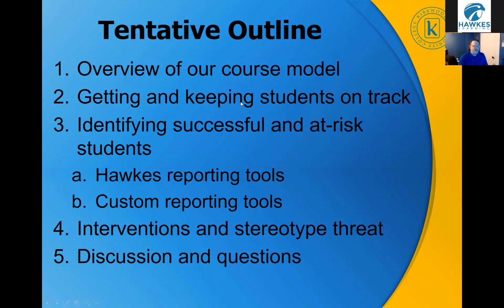Strategies for identifying successful and at-risk students, including Hawks reporting tools and then some custom things that we do. I want to talk about interventions and how we work with students who seem to be struggling or at risk. Some issues I've been thinking about and how to approach that. And then allow plenty of time for questions at the end. So that's the plan.